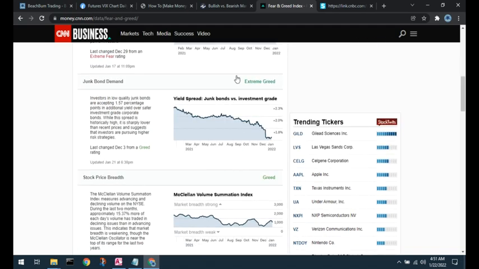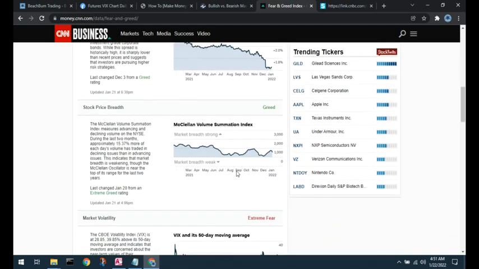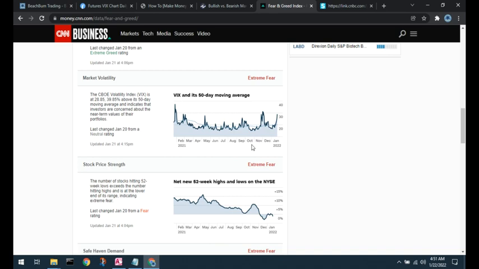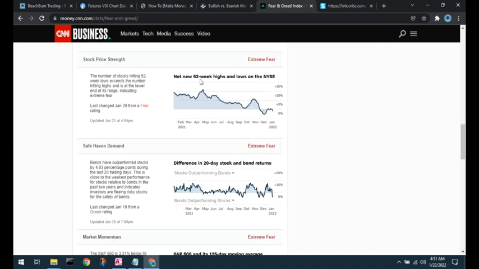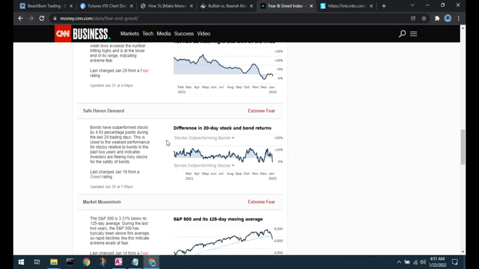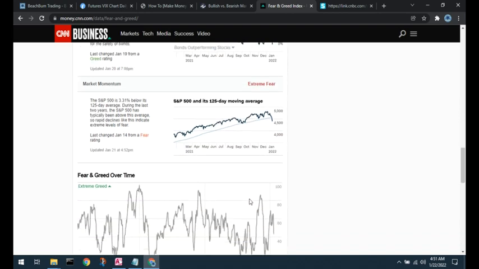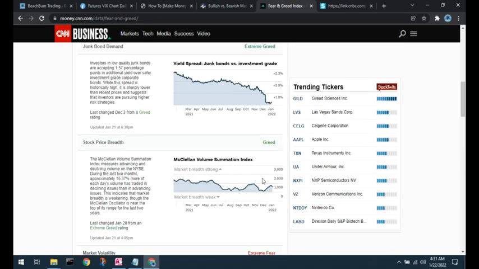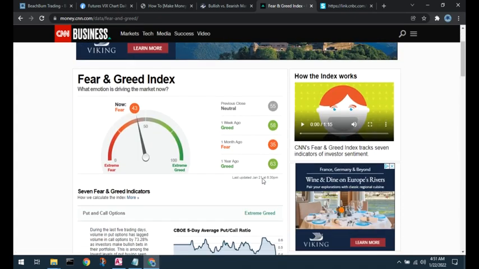There's still a lot of greed in junk bond demand and stock price breadth, and then where the fear is, is volatility. We've seen volatility. We'll look at the VIX in a second. Stock price strength is poor, so fear, and safe haven demand, so flight to safe havens, and momentum. All those are indicating fear, and you can see the oscillator, etc. So again, you can find this at any time in the links on our homepage.